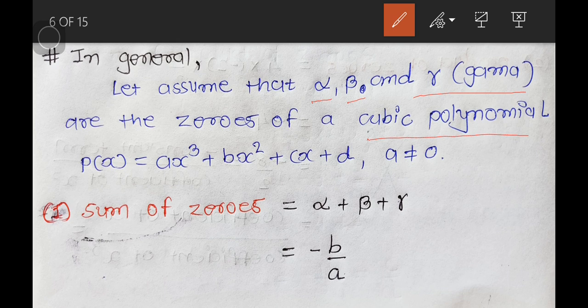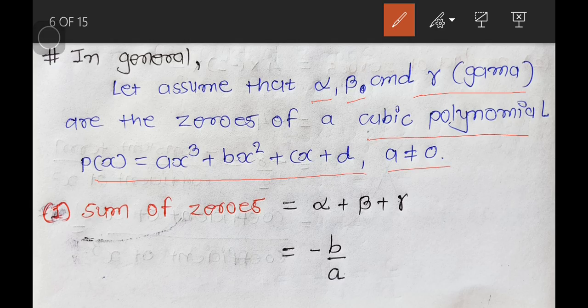The standard form of a cubic polynomial is p of x is equal to ax cube plus bx square plus cx plus d, and a does not equal 0.